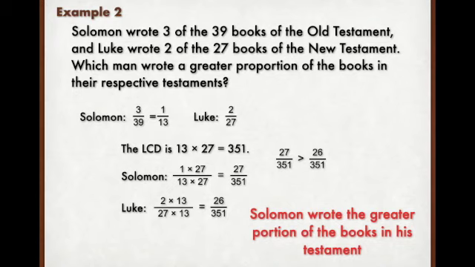So it's going to be 351, 13 times 27. And then for 27, we're going to multiply by 13 to get that number. And if we do that on the bottom, if we multiply 13 times 27, we have to multiply the top by 27. But remember, we're not multiplying the other fraction by 27. We're going to multiply whatever it takes to get that least common denominator. And that will be 2 times 13.